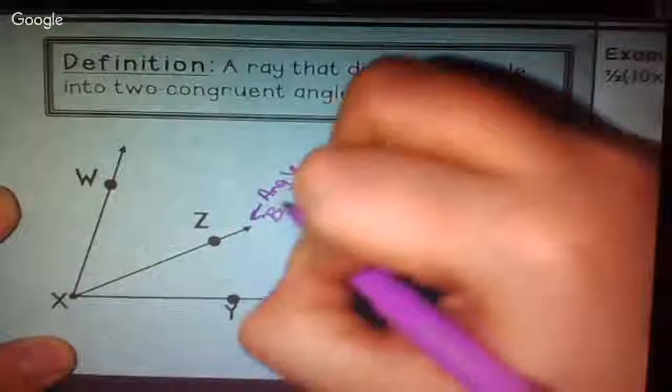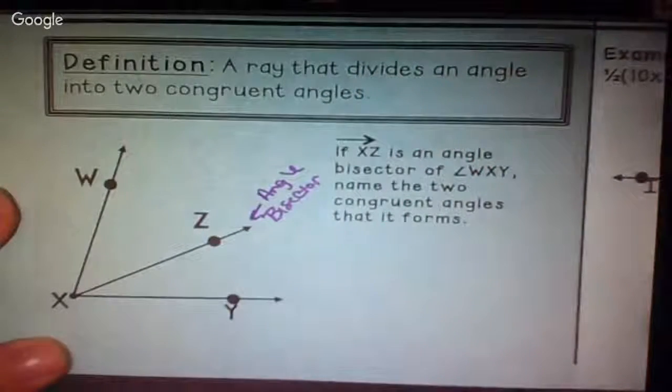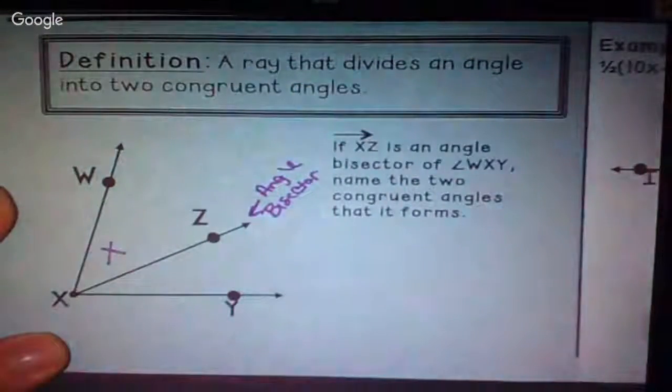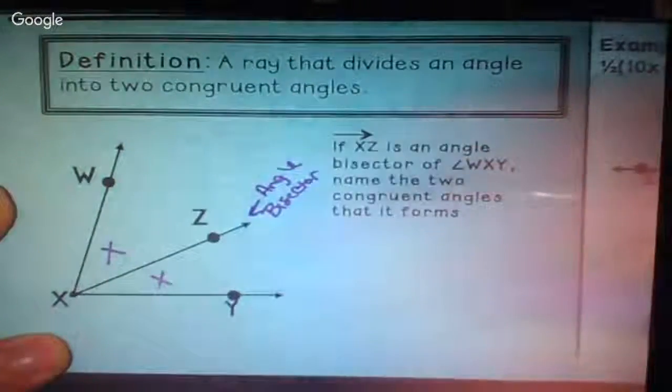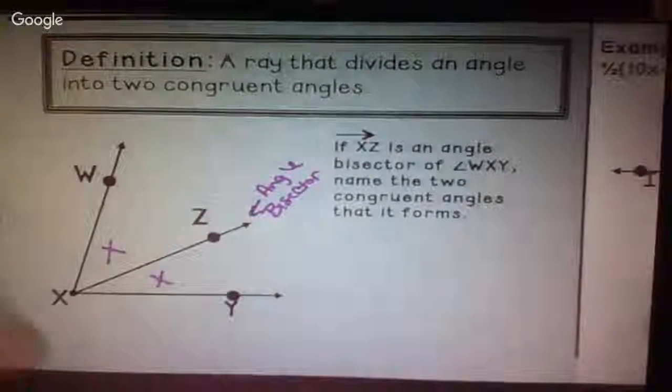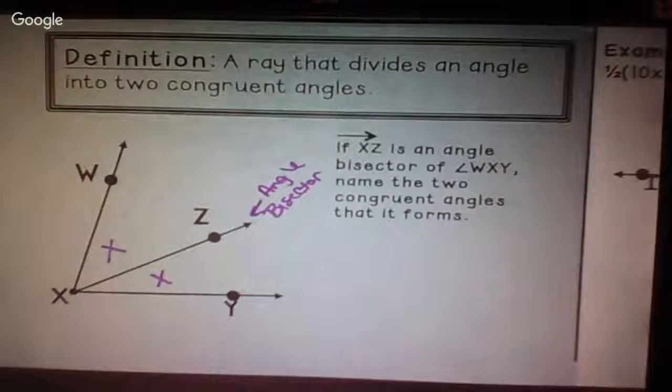And when that bisects, that means that this angle here is the same as this angle here. That ray that's in the middle will cut your angle in half, equally in half. So one angle is equal to the other.